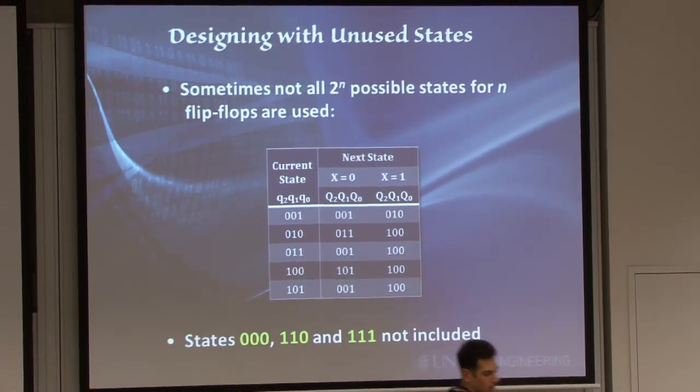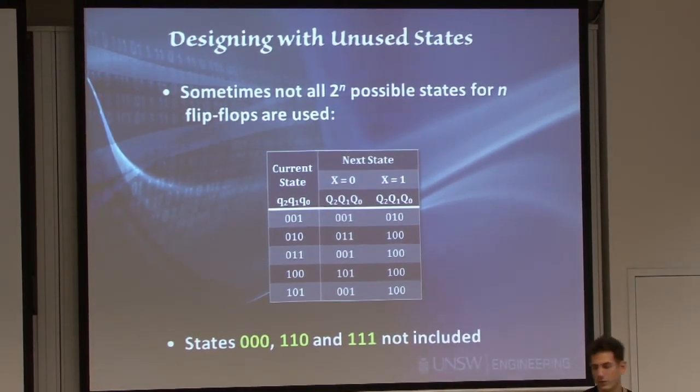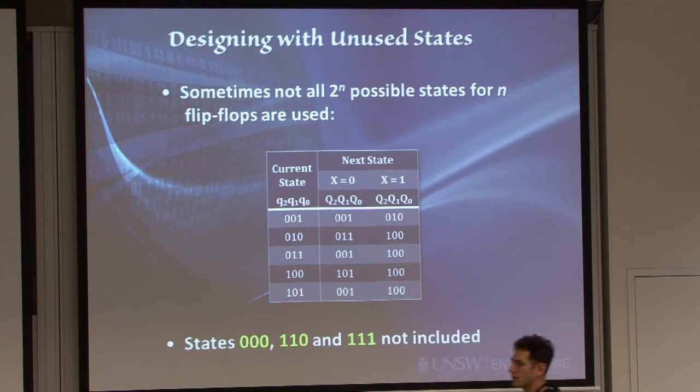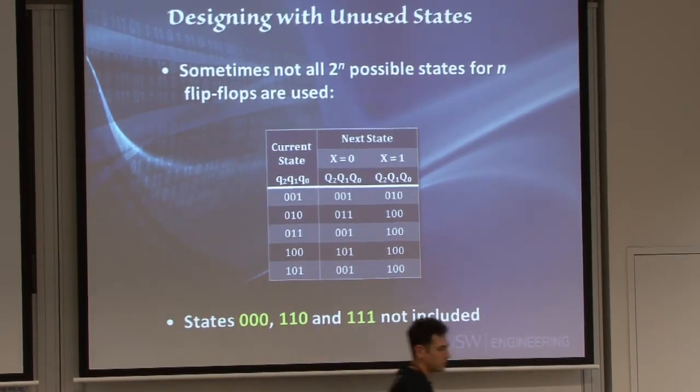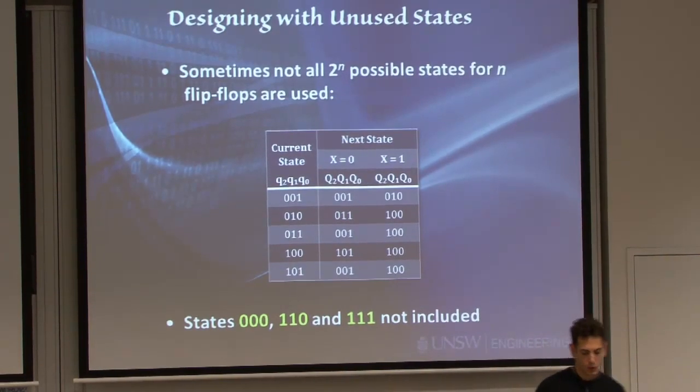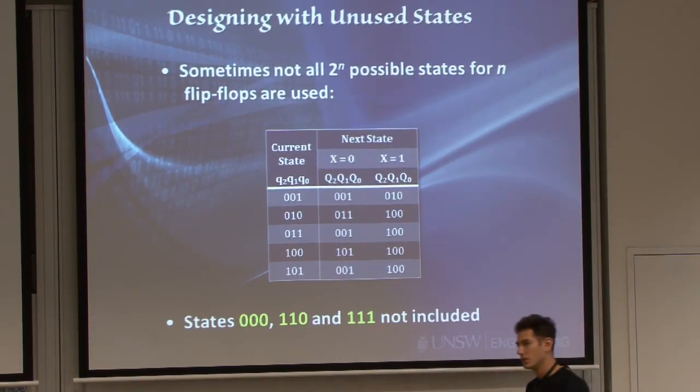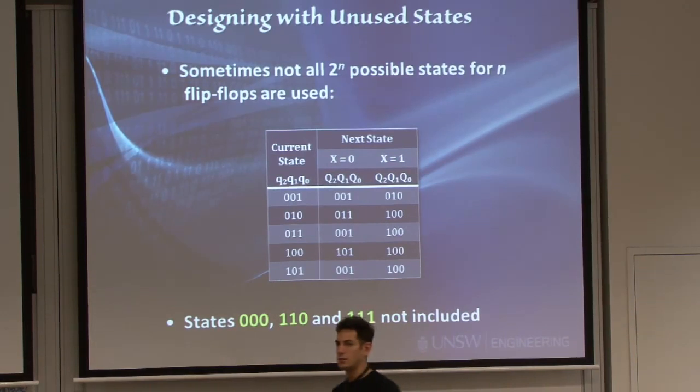All right. So what I mentioned before with the one-hot coding, I said we don't always need to use all the possible states that we might have. Take this example here. We might have a 3-bit machine, but we really only need 5 different states. Because we need 5 different states, we can't get away with only 2 memory elements.